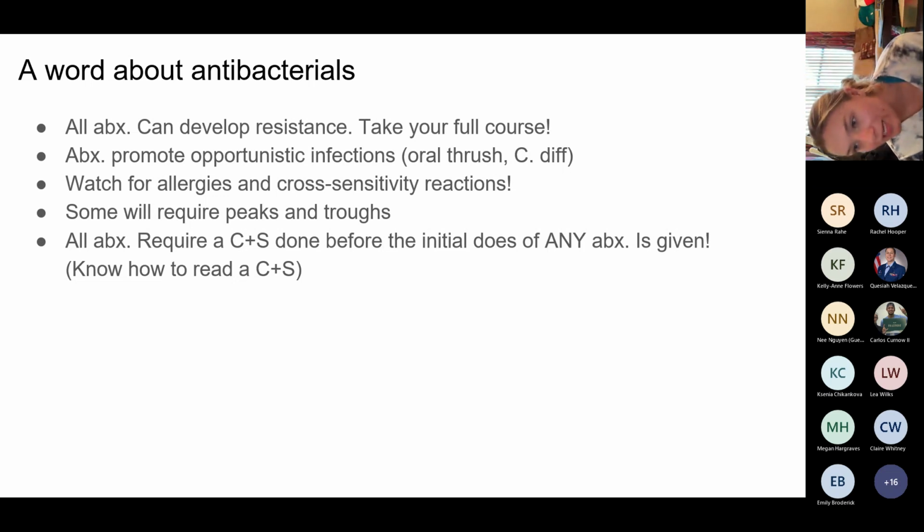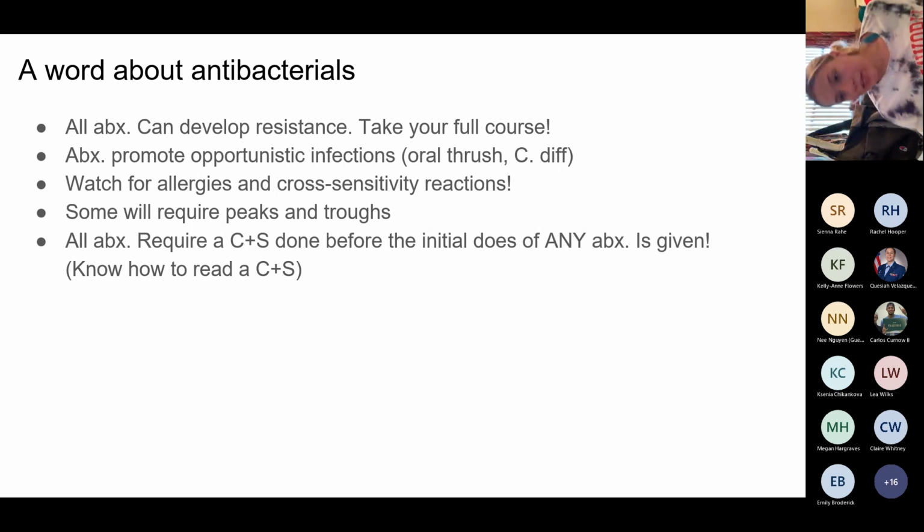It can cause some other bacteria or fungi or anything like that to kind of run rampant, because essentially they have all this free real estate going on and they're so happy about that. So we're also going to teach our patients about things like oral thrush, C. diff, and what they can do. A lot of it's just going to be good oral care. You know, we can give some antifungals, etc., but we're going to assess for some super infections. Like we already talked about oral thrush, yeast infections, etc.